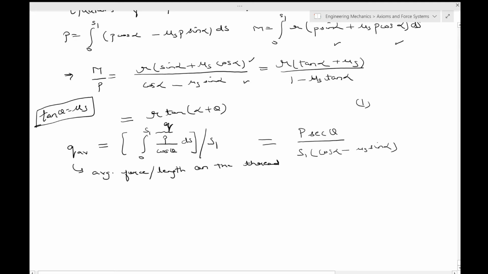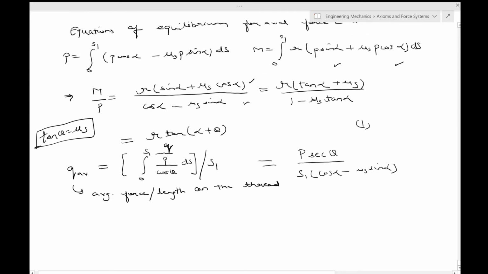Okay, this has come from over here. Now this is written as equal to P sec of (alpha plus theta) divided by S1.